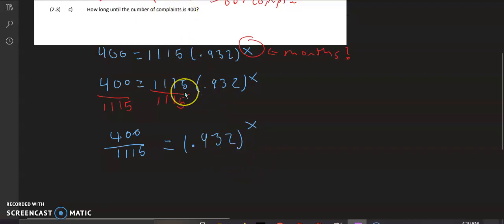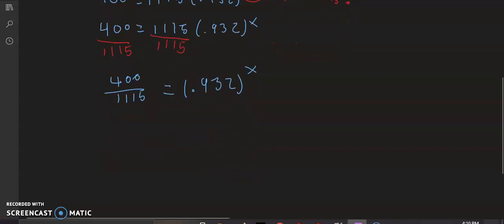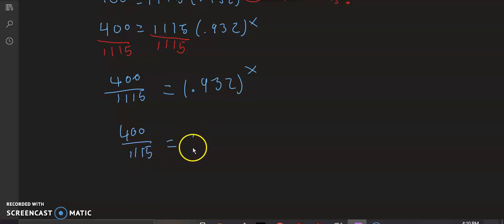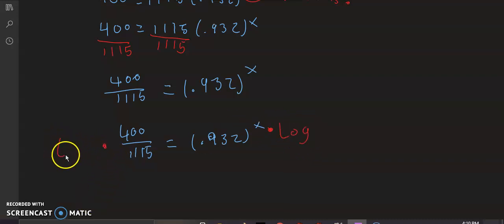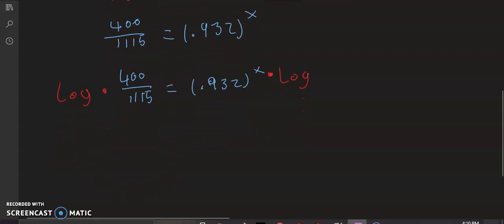Well, let me copy it again, and we're going to do 400 to the 1115 is equal to 0.932 x. So what we have to do is multiply the logarithm, which is the log on your calculator, times the log of this on your calculator. And what we will get is something interesting.